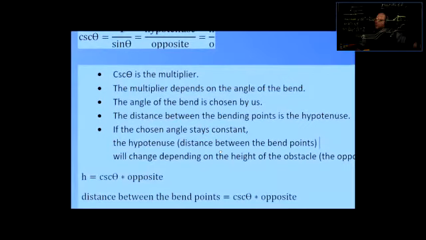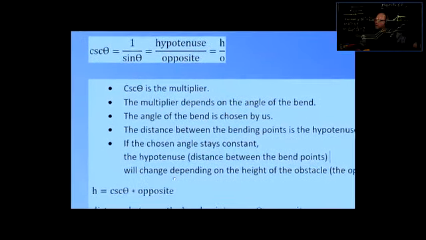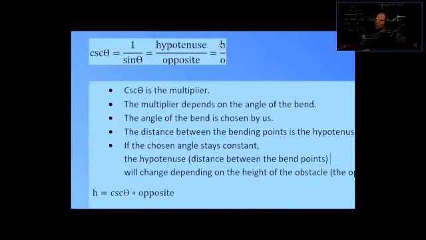So here we go. The hypotenuse, or the cosecant of the angle. So hypotenuse equals the cosecant times the opposite. That's if we derive the formula from this here, the hypotenuse. If we want to just isolate the hypotenuse here, we have to multiply this side of the equation by the opposite.